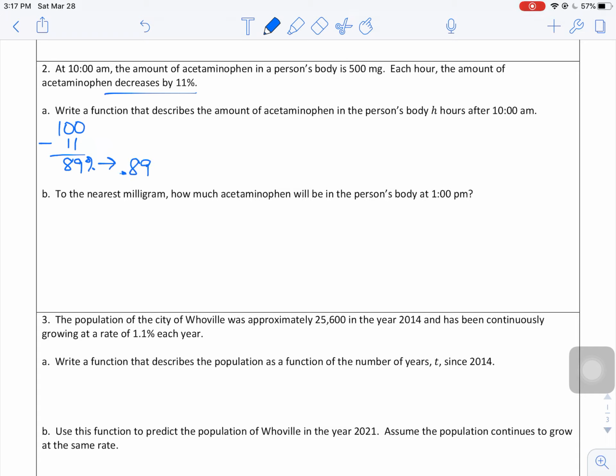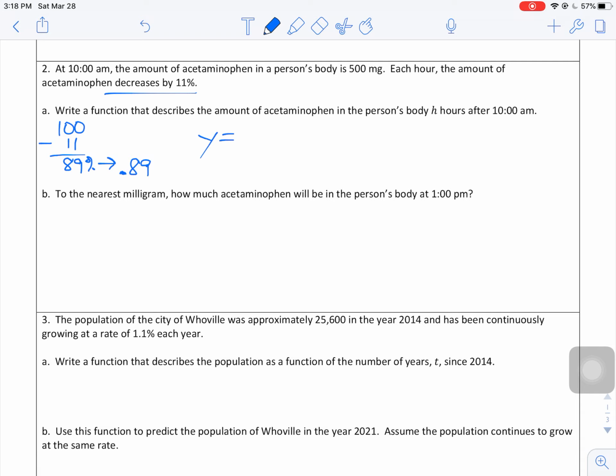That's going to be our r value, our constant, our common ratio. In order to set up this type of problem, they didn't give us a name for the function, so we could just say y, or if you wanted to do a of t or something, that would be fine. I'm just going to say y.